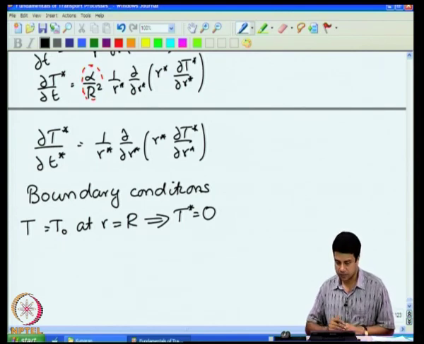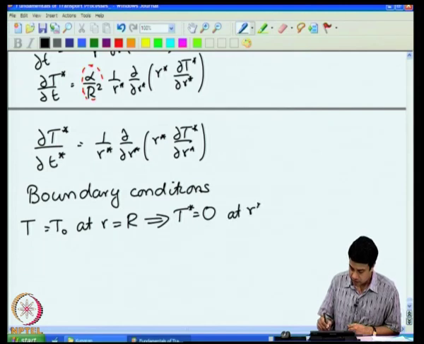So, T star is equal to 0 at r star is equal to 1.